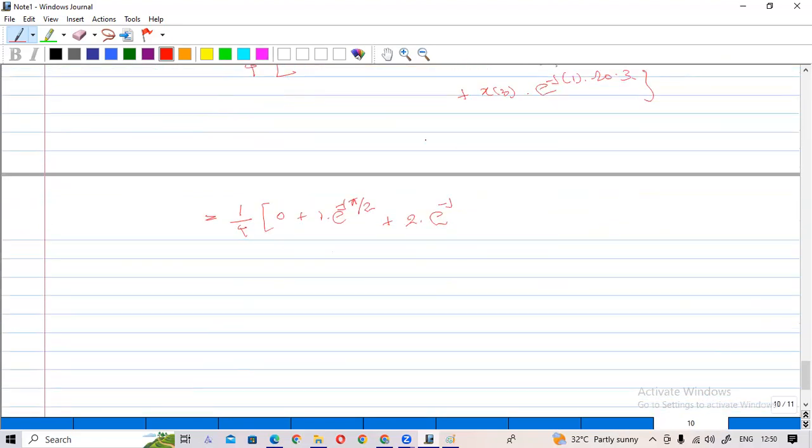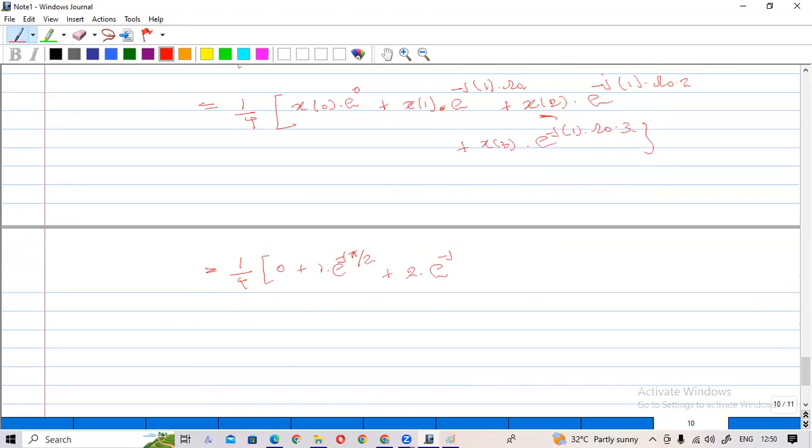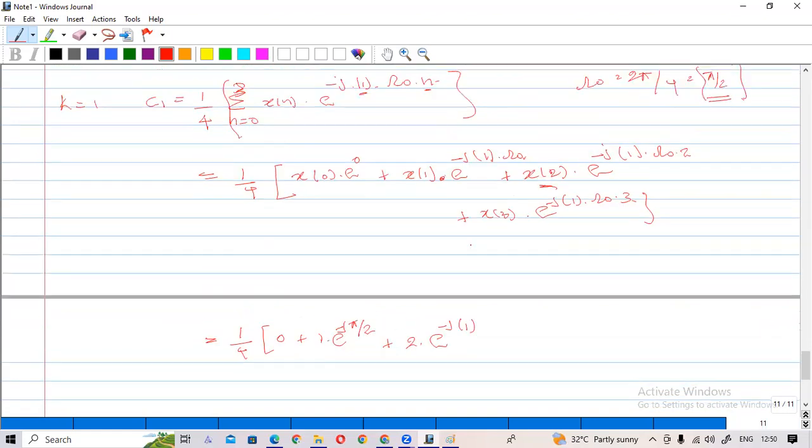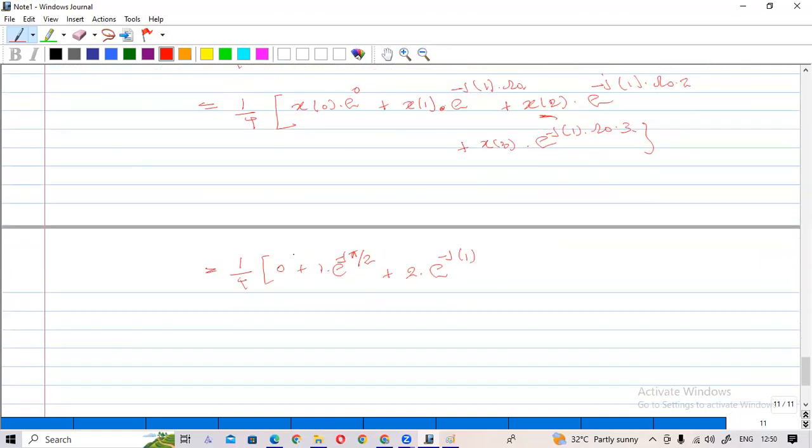So x[2] is 2 e to the power minus j, k is 1. We are finding k equal to 1. Omega naught is pi by 2, and n is equal to 2, so you have 2 here, and the 2 cancels.